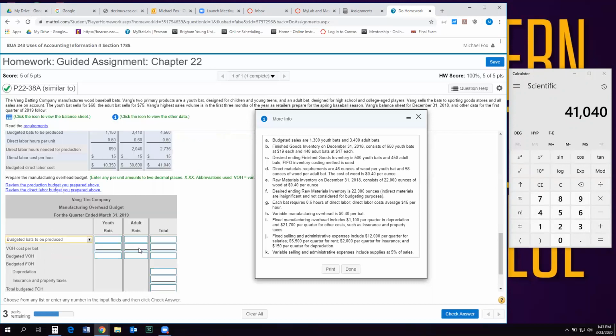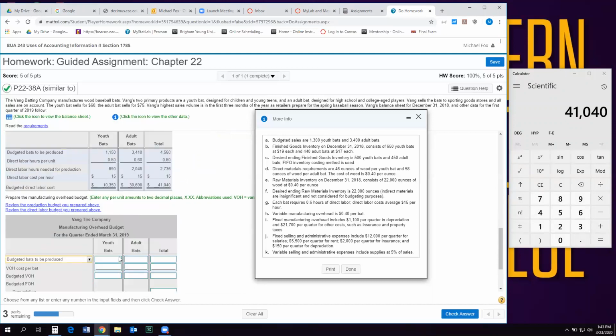All right. So again, we're going to produce 1,150 youth bats and 3,410 adult bats for a total of 4,560. So now our variable overhead cost per bat. So let's look back over here. Right here, it tells us our variable manufacturing overhead is 40 cents per bat. Again, these variable items we just carry over, we don't add them up.